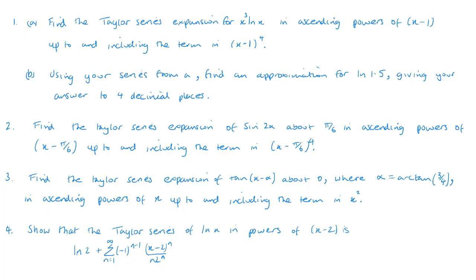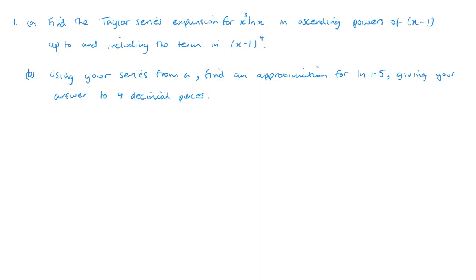Okay, hopefully you're ready to have a look at some of the solutions. Let's start with question 1. Part A: let f of x equals x cubed ln x, and a is going to be equal to 1, the value that makes the bracket 0.